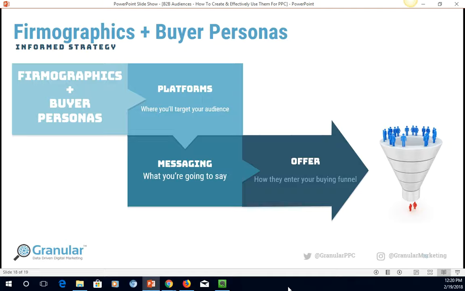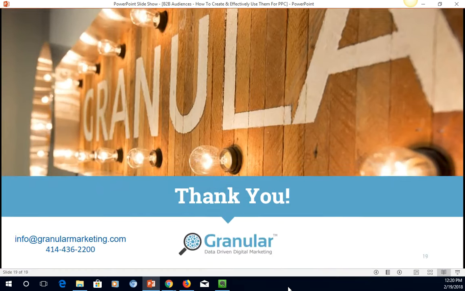You're really going to know who you're targeting, where you should target them, so the platforms that your audience hangs out on, the messaging that you're going to say to them that's really going to resonate with their characteristics, and then the offer that's going to get them into your buying funnel. So that should really help lay a good solid foundation. This audience research is really the first step you want to take to laying a good solid foundation in doing B2B PPC advertising.